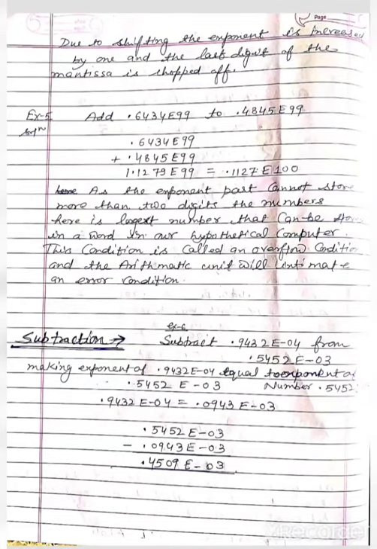Due to shifting, the exponent is increased by 1 and the last digit of the mantissa is chopped off here.